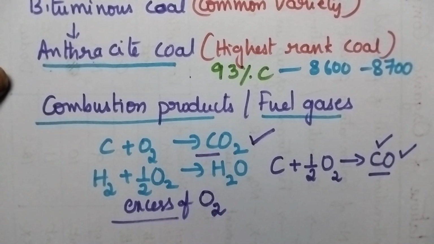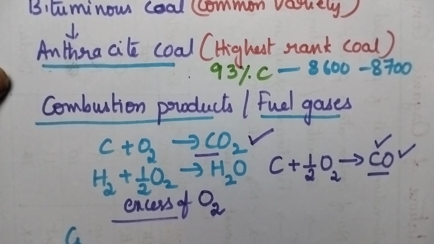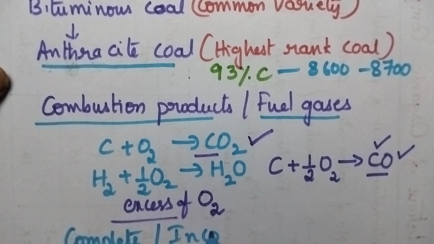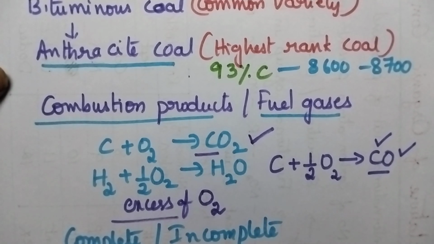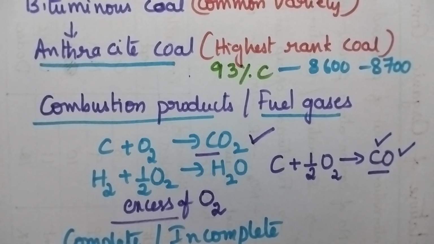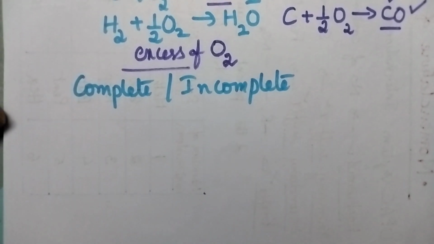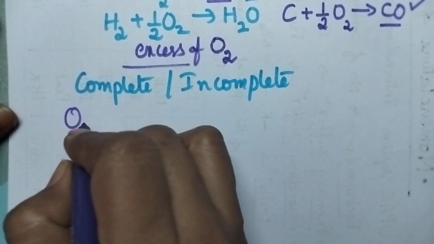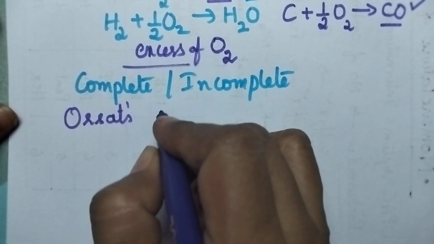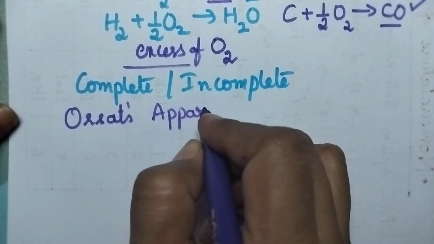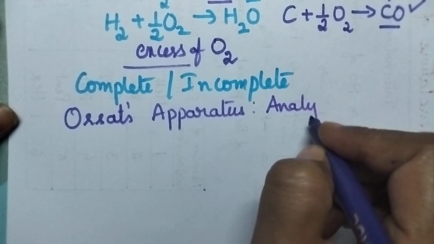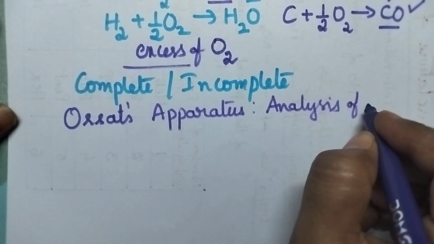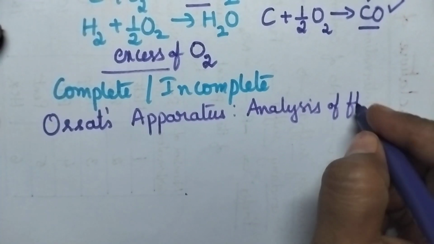So in order to predict whether the combustion is a complete process or incomplete process, it can be analyzed through an experiment that is called as Orsat's apparatus. So Orsat's apparatus is highly useful for the analysis of flue gases.